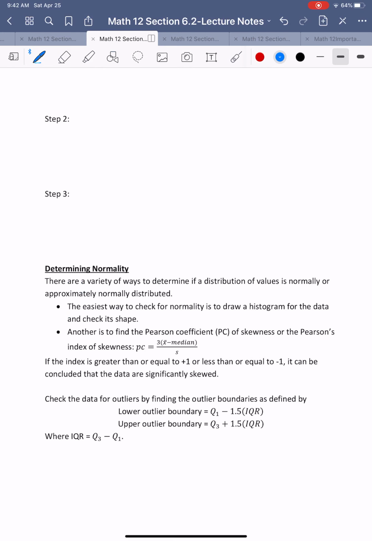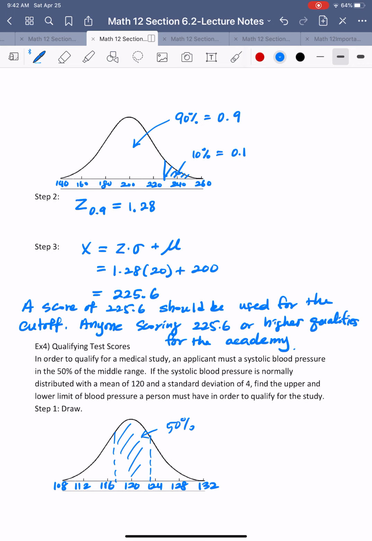All right. So in step 2, we have to use technology or a table to find the z values. So let's go back to here. If it's 50%, this is actually 25%, and this is about 25%.